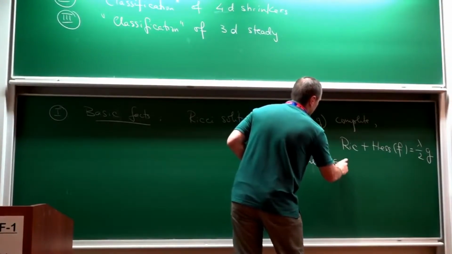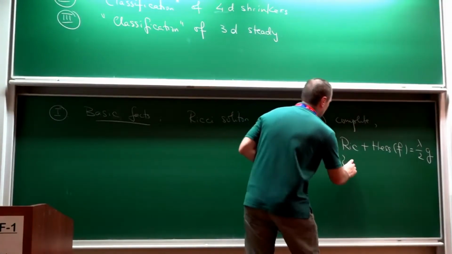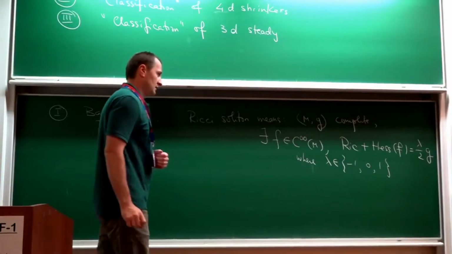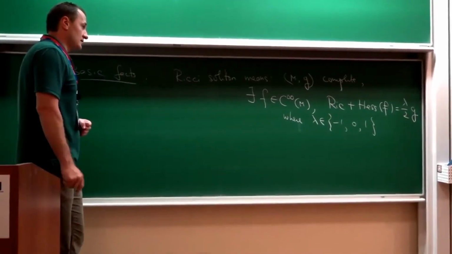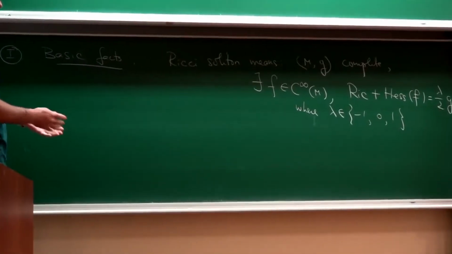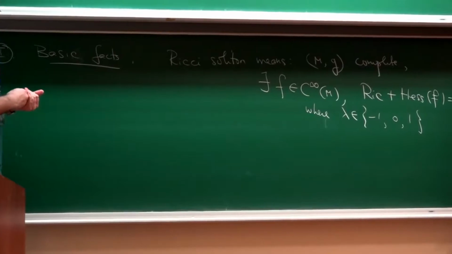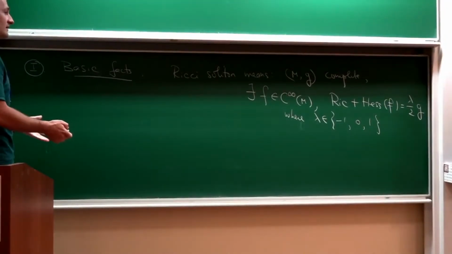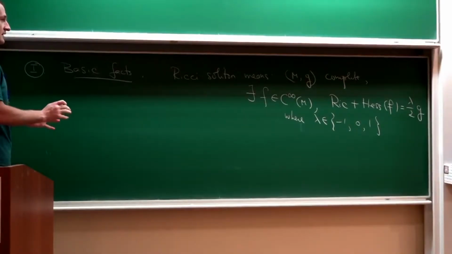So that multiple is typically -1, 0, or 1. And so it's a scalar number. And that's what Ricci soliton means. So I want to explain very briefly why these are important.